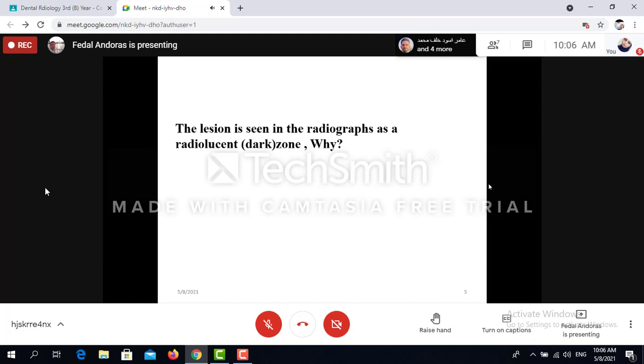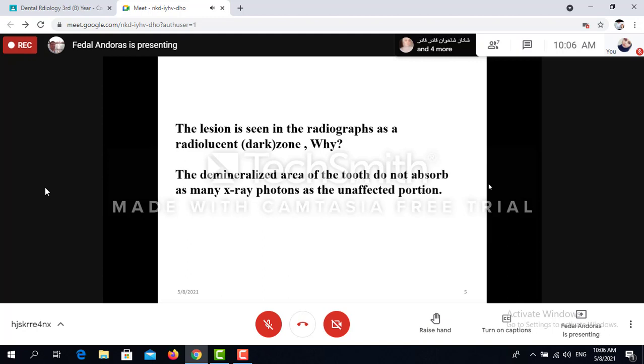Why? This may be a question in the future for any quiz or final exam. So why does it appear as a radiolucent? Because the demineralized area of the tooth does not absorb as many X-ray photons as an unaffected portion. We talked about radiation absorption, radiation deflection or scatter.